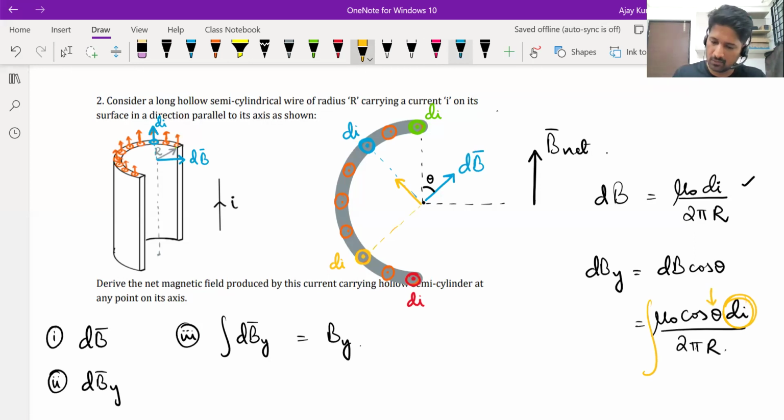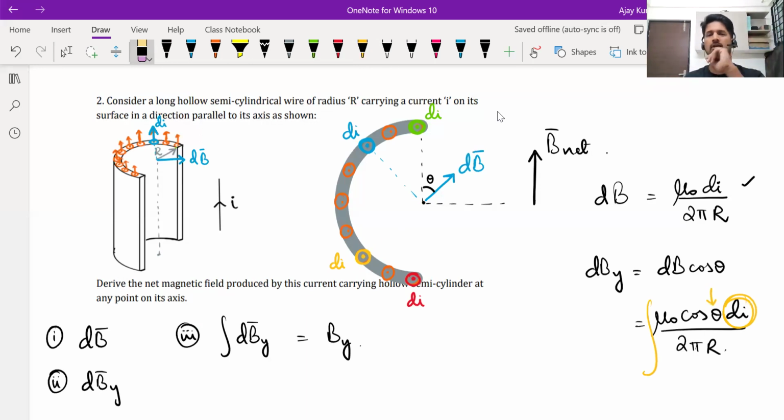You consider one more current if you want, say the green one, creating a magnetic field this way. So different dBs are in different directions, so theta is a variable from dB to dB. And you can't have the variable as theta but integrate with respect to current I.